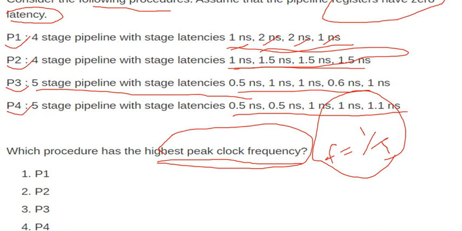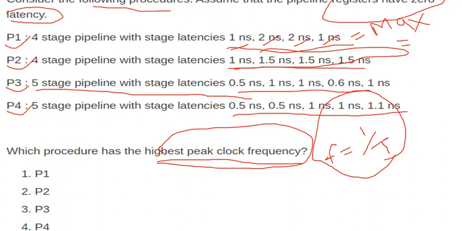So what will be the clock time in this procedure? If we have non-uniform delays in the stages, then we just find the maximum of these delays and add it to the register delay to find the clock time.